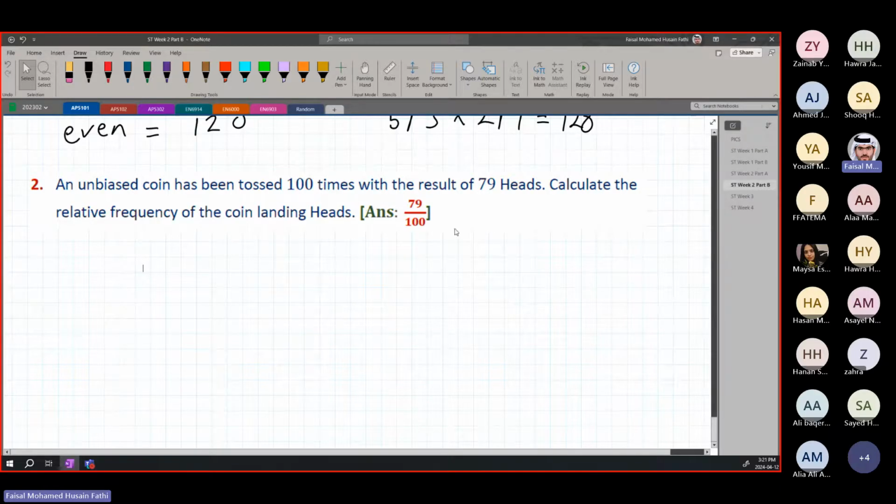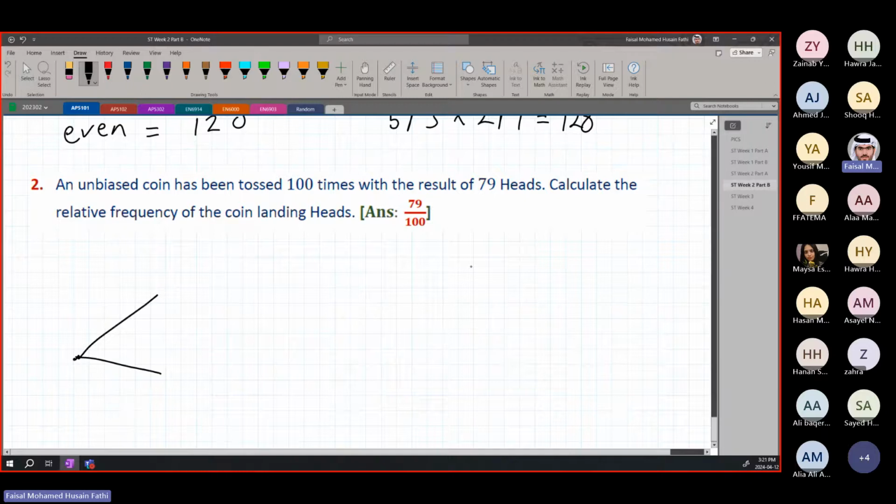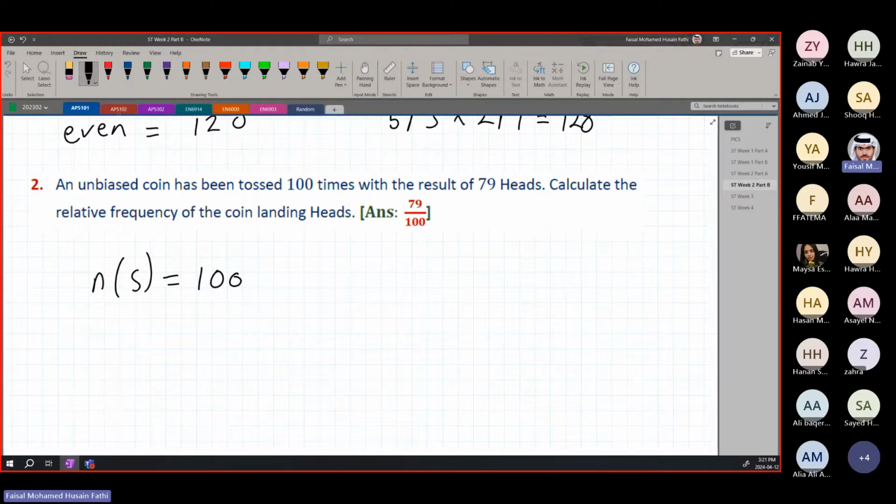Has been tossed 100 times. So they're telling you the frequency of how many times it has been tossed. Now, you're not going to do a diagram every time or for 100 times that is happening. Then it will take you forever to do that. But they gave you directly n of the sample space is equal to 100. And with the result 79 heads.